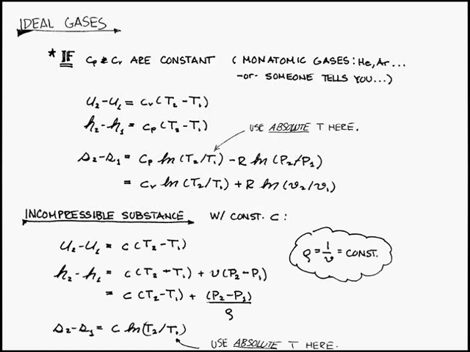They're not identical, but they're very similar. So notice that you have this: delta u is c delta T, delta h is c delta T with a little v delta P term also. And here's the delta s that looks very similar to the delta s for ideal gases. So if you have a liquid or a solid and it never changes from liquid or solid to anything else, these equations are almost always perfectly fine.